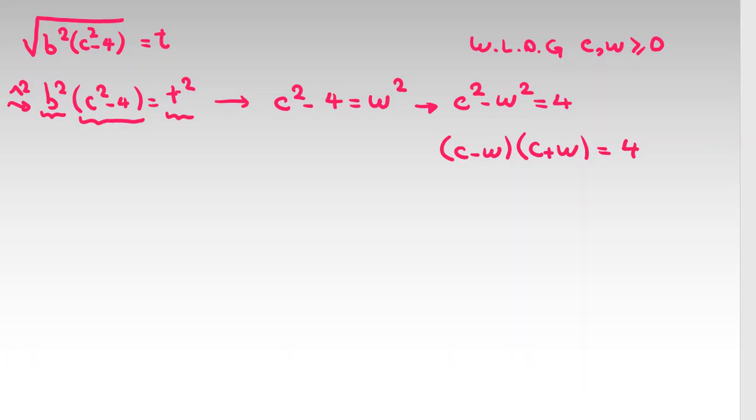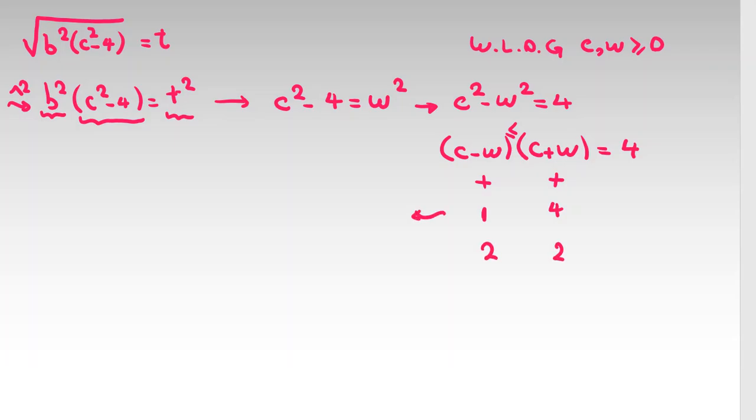For example, if I find c equal to 5, I consider negative 5 also. The product is 4, so neither is 0, and c plus w is positive. So we have the factor pairs 4 and 1, and 2 and 2.